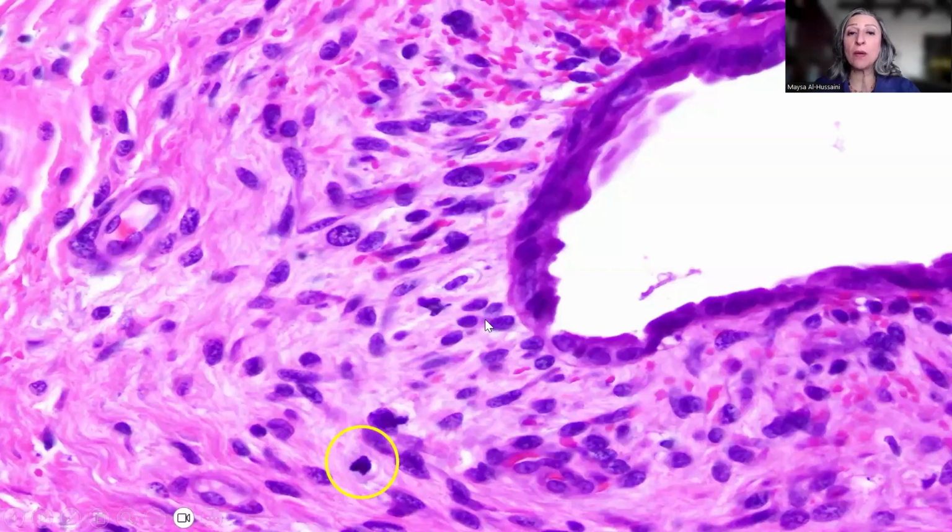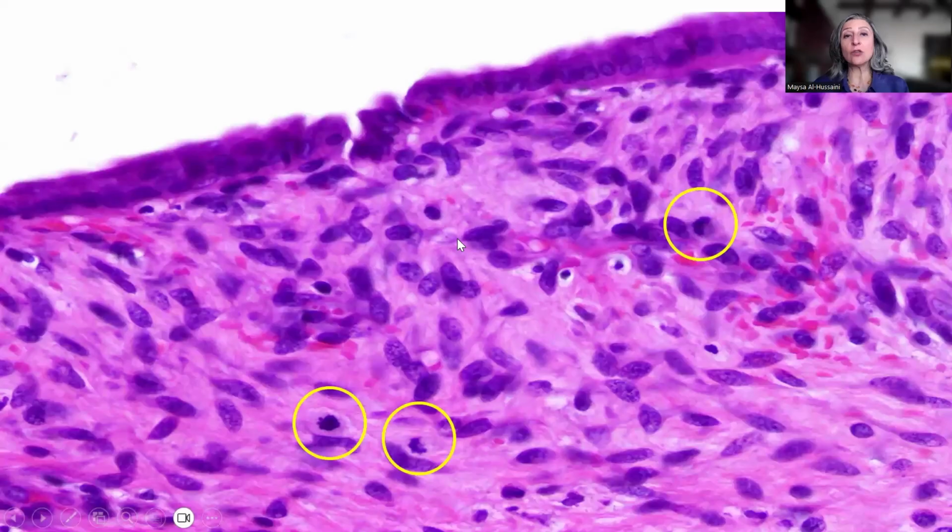Now, on higher power magnification, as you can see, the stromal component is actually, as the name implies, the sarcomatous, the malignant component where we have proliferation of spindle-shaped cells, sometimes with scattered mitotic activity, and the cells usually have this perpendicular alignment of the nuclei against the lumina of the glandular component.